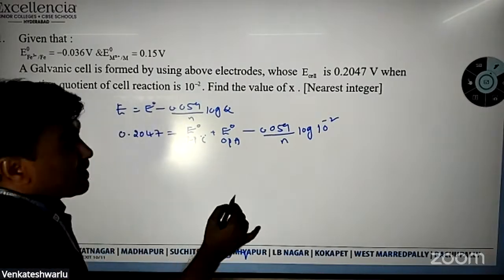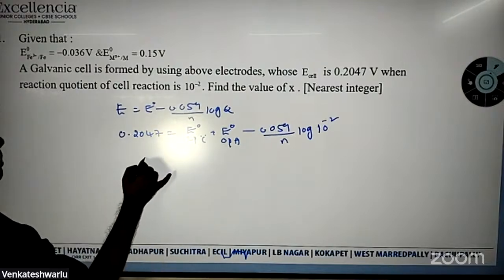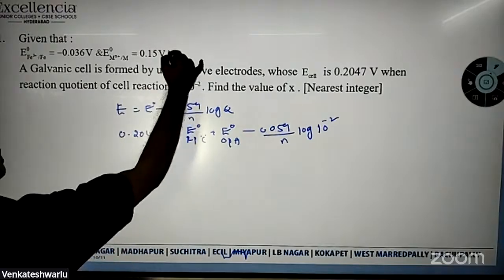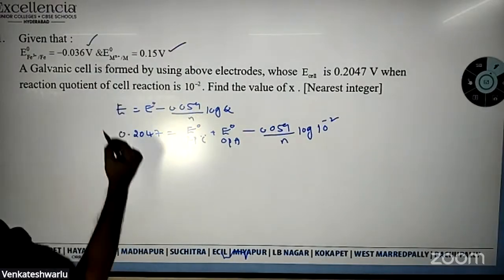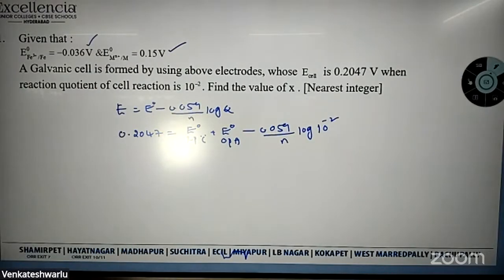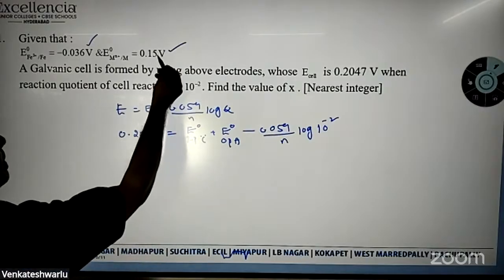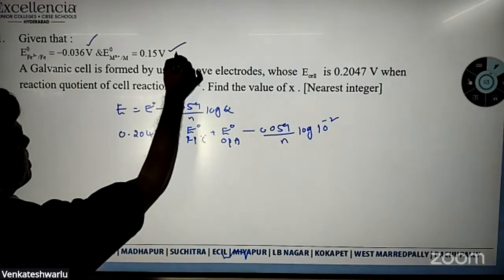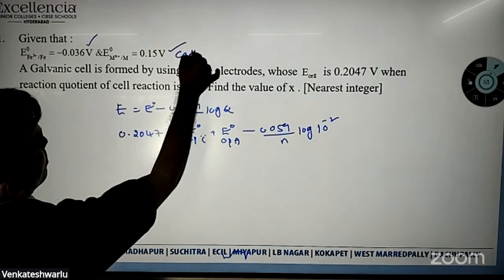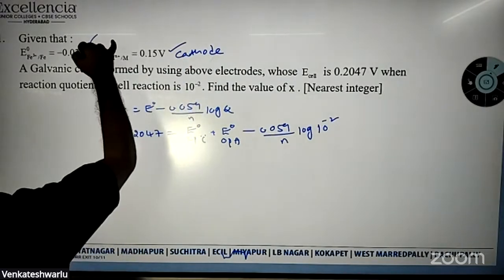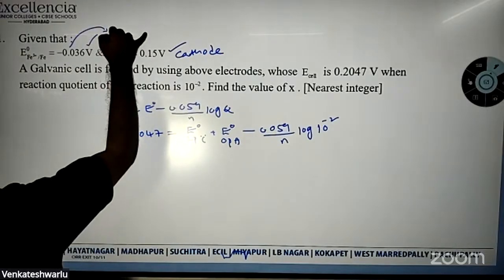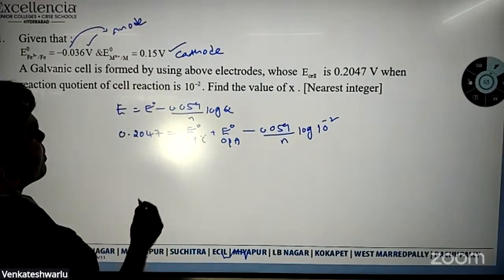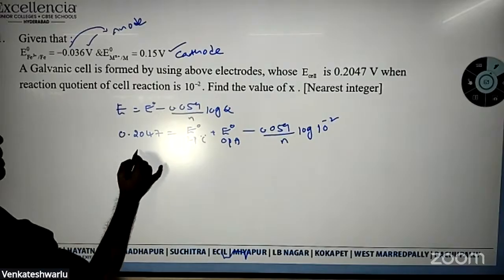First let us write the reaction here. Here our SRP values are given. The one with the highest SRP value acts as the cathode. So this acts as the cathode and iron acts as the anode. First let us write the reaction here.